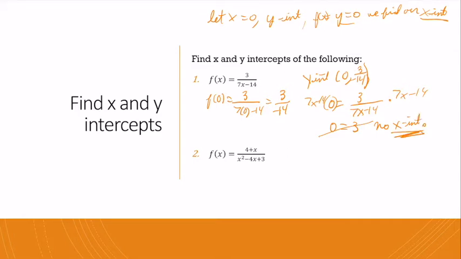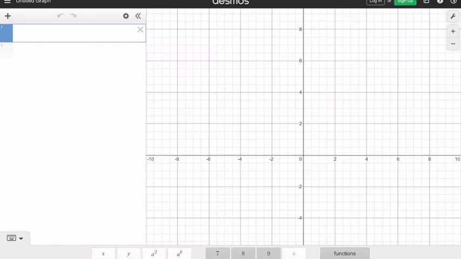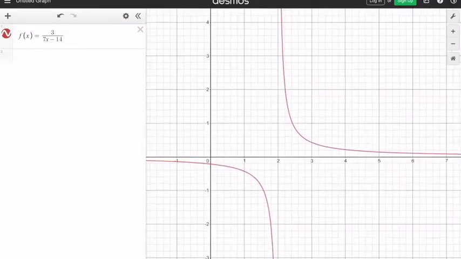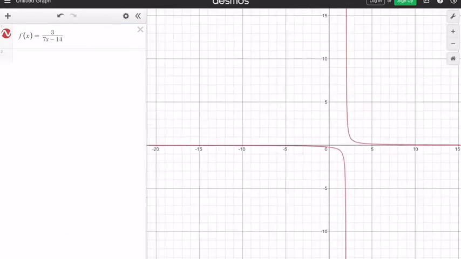Okay, well, what if I don't believe that? Why don't we go ahead and graph this? So let's go to Desmos. I'm going to go ahead and graph f of x equals 3 over 7x minus 14. And we're going to learn more about how to graph these later. But as you can see, I don't have an x-intercept.